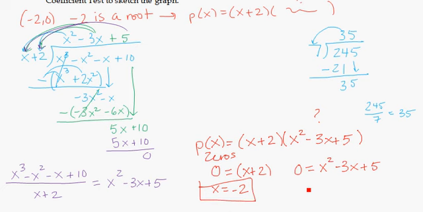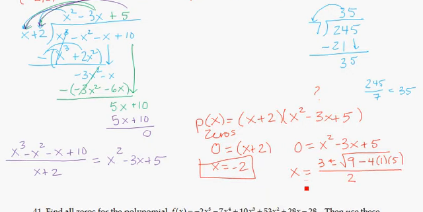But how do we get the zeros over here? And the answer, of course, is if you can't factor it, you always have the quadratic formula. And so the quadratic formula says x would equal negative b plus or minus the square root of b squared minus 4ac, all over 2a.